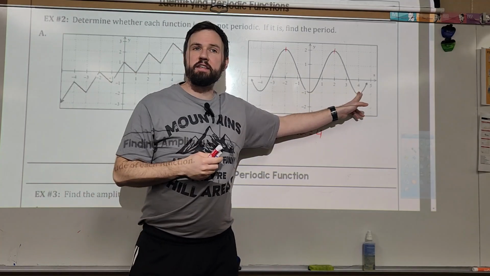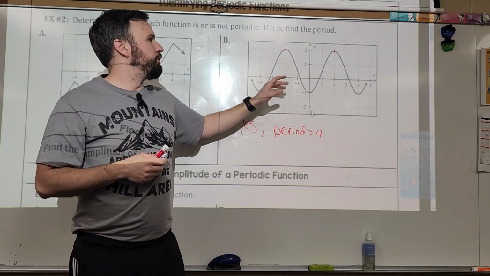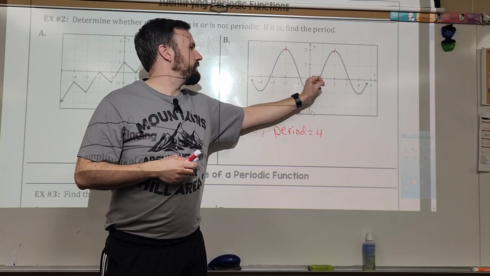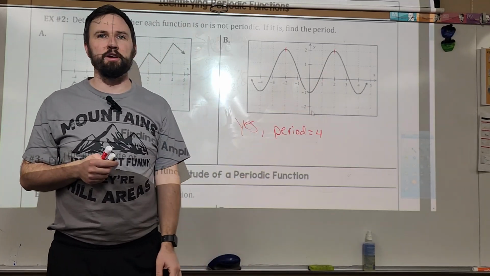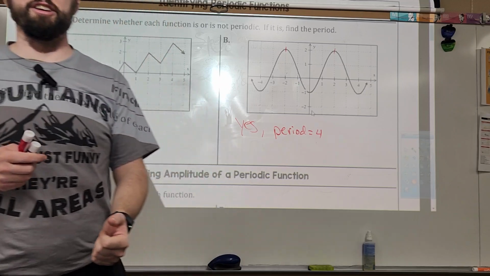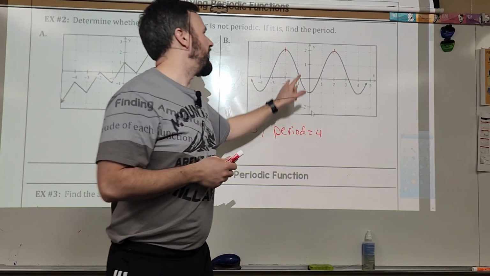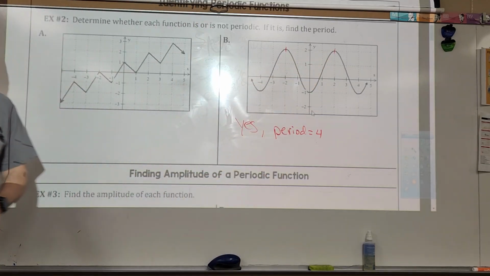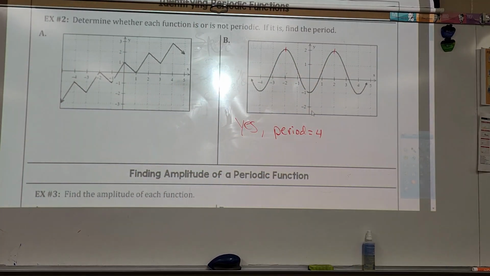Could you compare the valleys? The reason I don't use zeros is I have multiple zeros in a period, so it doesn't work as well. Does that make sense? So I use my peaks or my valleys. Sound good?